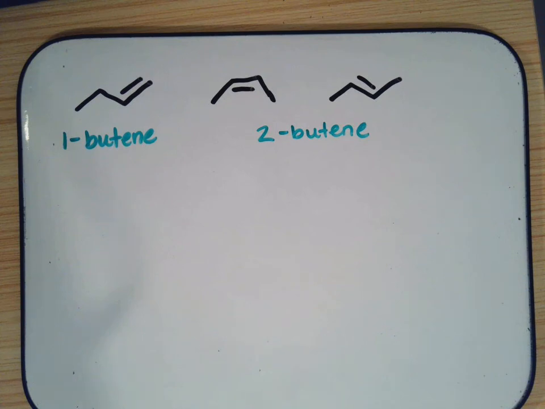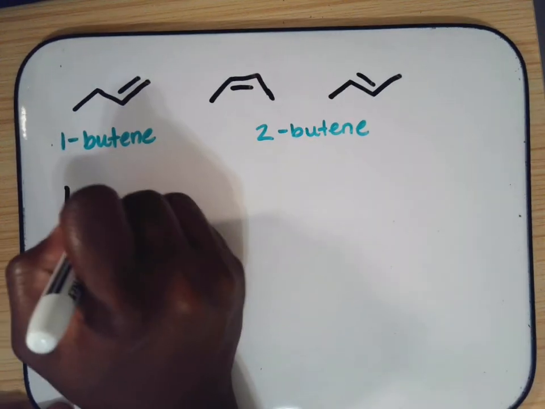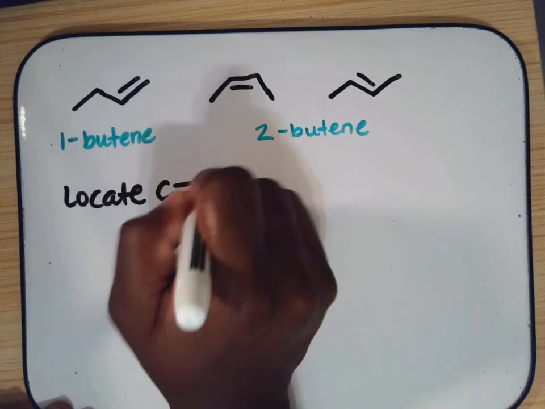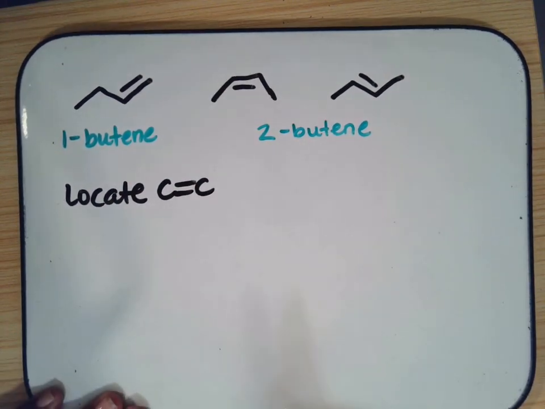And so the first step when trying to determine what type of isomer you're dealing with, you want to look at your alkene and you want to locate the double bond. So determine exactly where that carbon-carbon double bond is located. Because depending on how the atoms are arranged around that double bond, we may or may not be able to determine whether it's cis or trans.